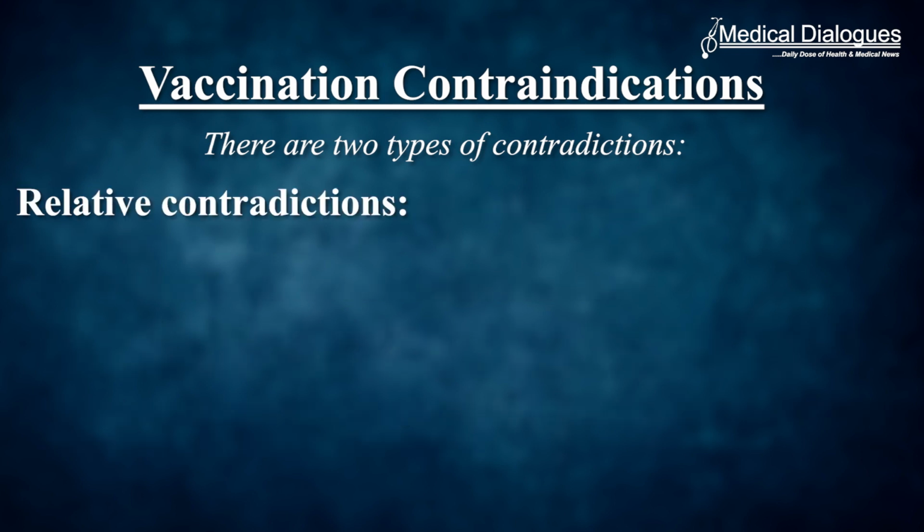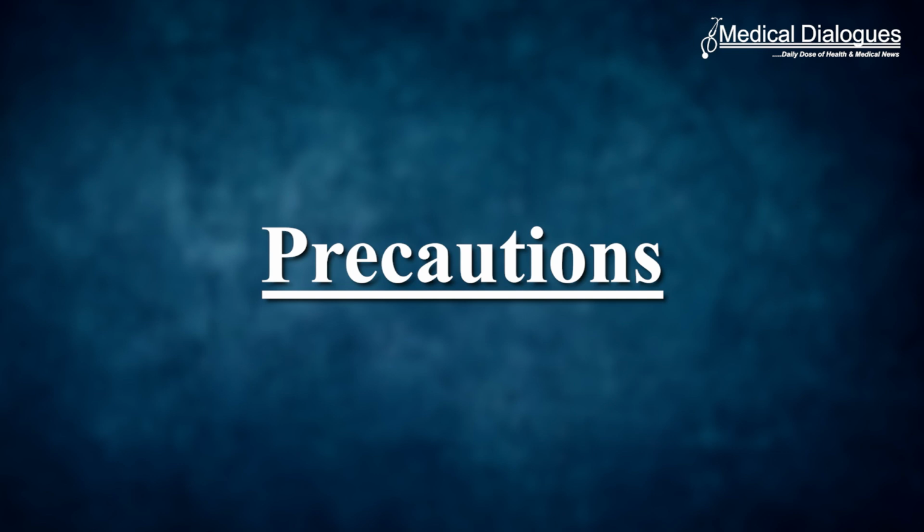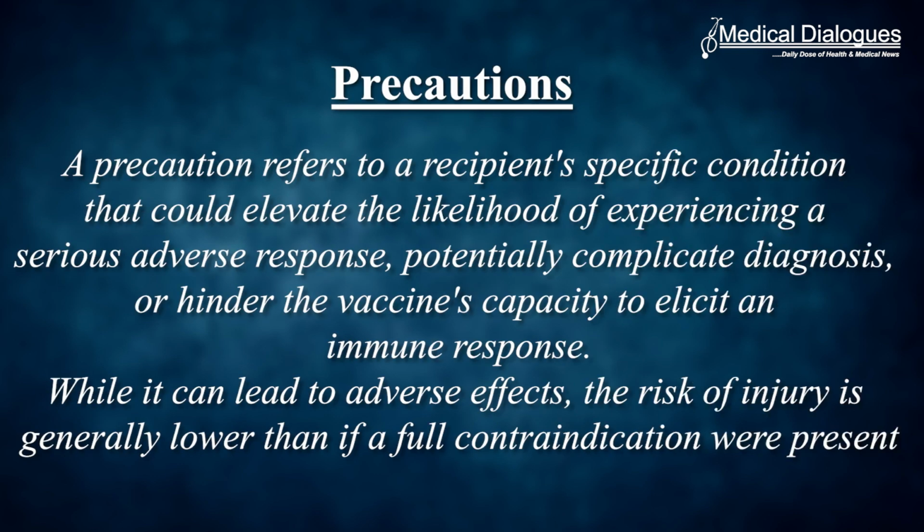Relative contraindications. Patients can be administered the vaccine when the contraindicating condition is no longer present, such as pregnancy and immunosuppression. Precautions. A precaution refers to a recipient's specific condition that could increase the likelihood of experiencing a severe adverse response, potentially complicate diagnosis, or hinder the vaccine's capacity to elicit an immune response.